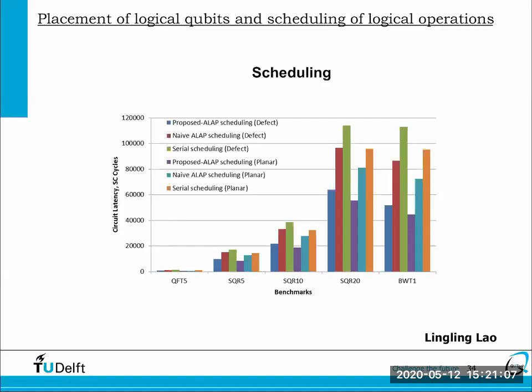Here I'm just using the logical qubit, in which we compare how many cycles, in terms of surface code cycles, you can save when using just a serial scheduler, which just means one operation after the other, with an ASAP scheduler, not taking into account any commutation rule, or with our proposed scheduler in which we take into account the commutativity of the gates. As you can see, we can save some latency by doing these optimizations.